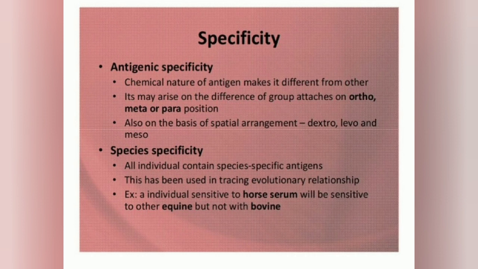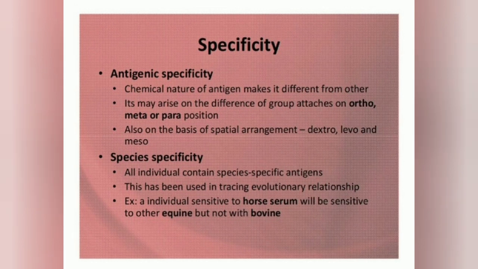It may arise from the difference of group attached at ortho, meta, or para position, and also on the basis of spatial arrangement: dextro, levo, and meso. Species specificity: all individuals contain species-specific antigens. This has been used in tracing evolutionary relationships. Example: an individual sensitive to horse serum will be sensitive to equine but not to bivalve.